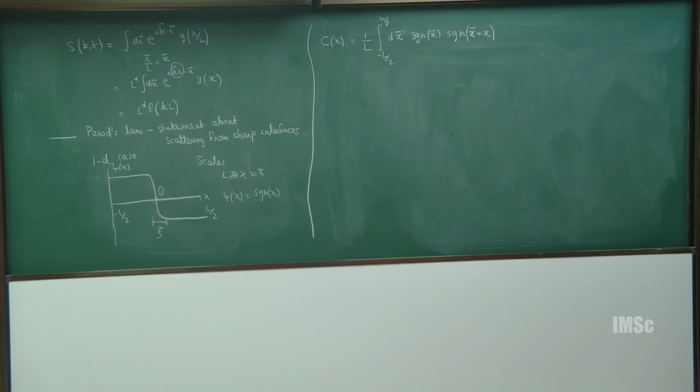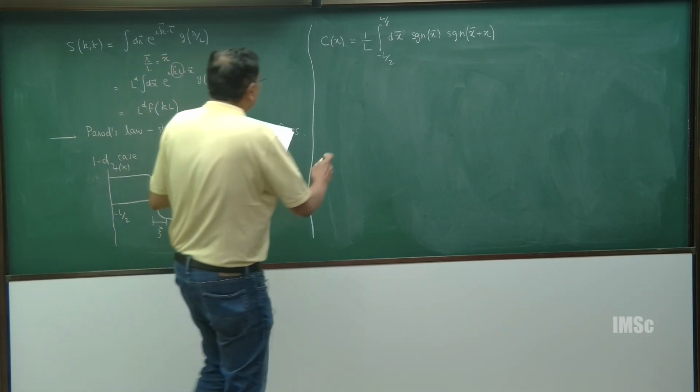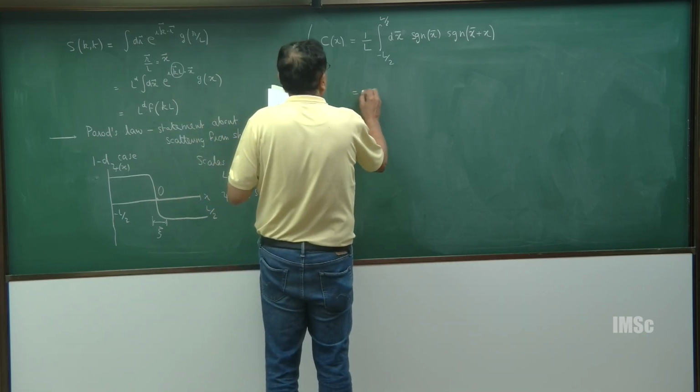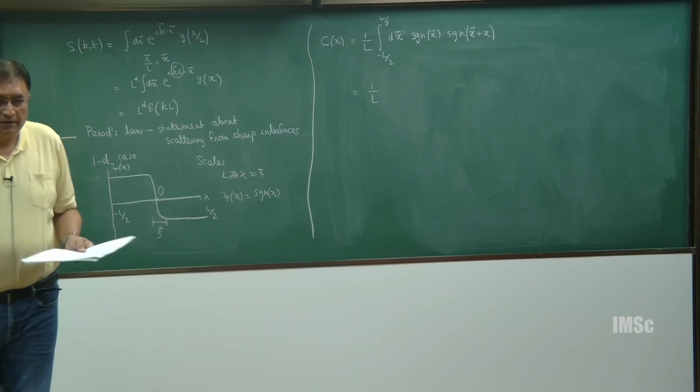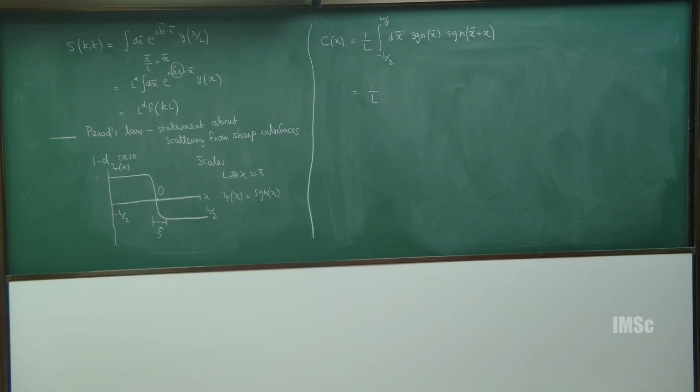So, let us calculate this. The mean is actually 0 in this case of the sign function, so I did not write that down explicitly.